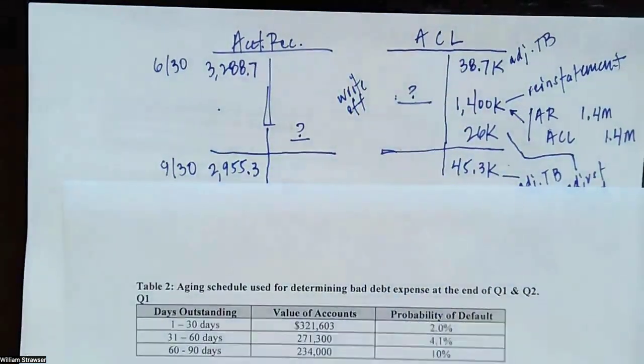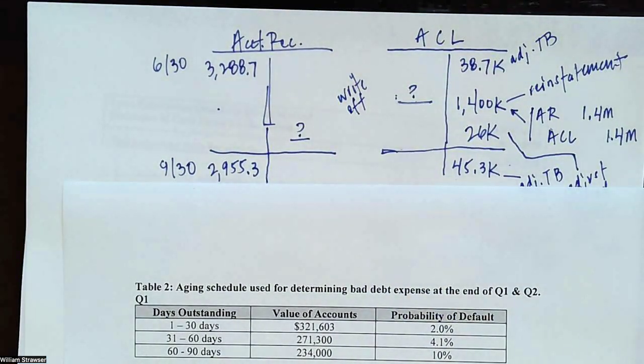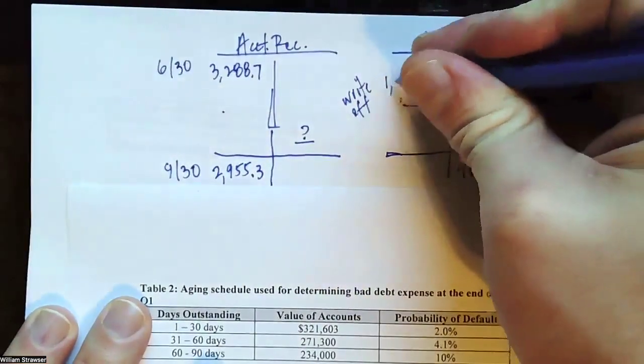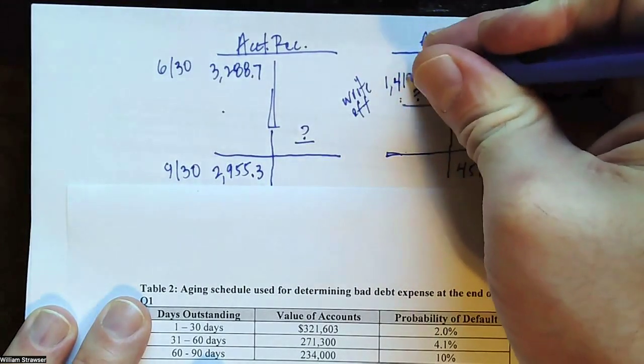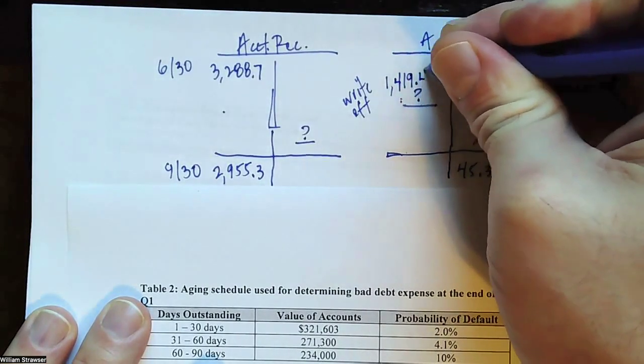So I can now math and solve for the write-off. I started with 38.7. I added 1,400,000 to that amount. I added 26,000 to that amount. And then I had to subtract an amount to get to 45.3. And so after doing that math, I come to 1,419,400.